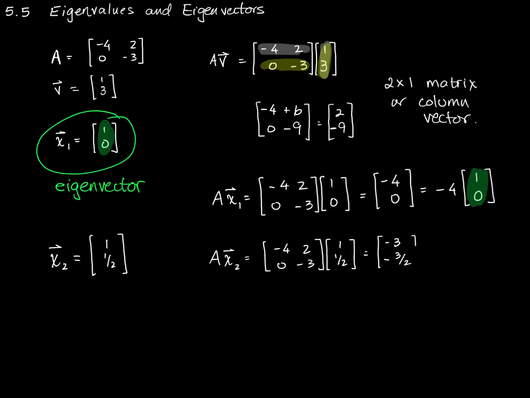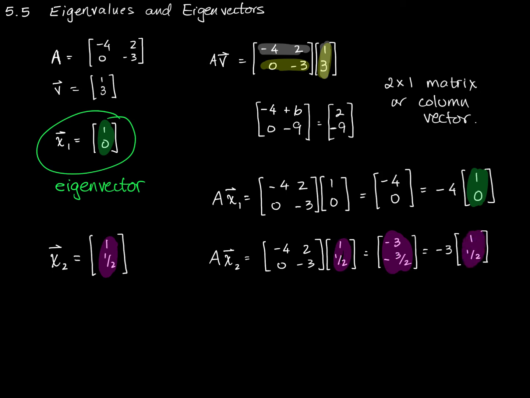And I see a -3 in both of those, so I'll pull that out to the front, and I get 1, 1/2. That means that this vector is an eigenvector because this vector is a scalar multiple of that vector.